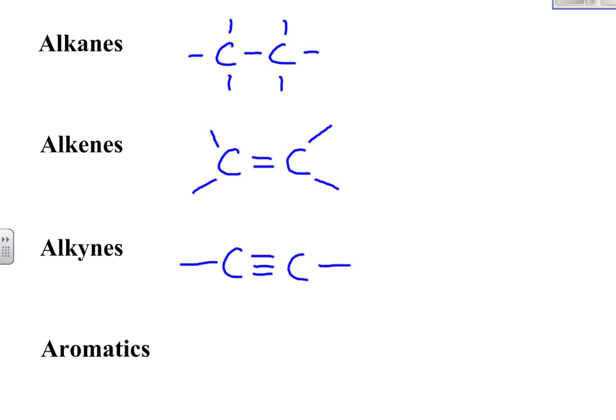Aromatics are special molecules that have a benzene ring. Now, a benzene ring is a six-membered carbon ring, so there are 6 carbon atoms around this ring.